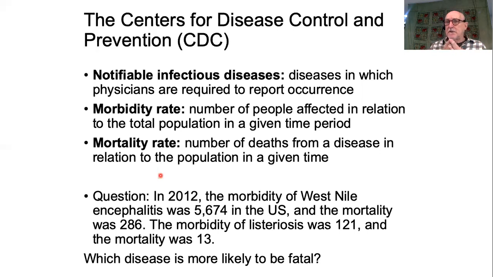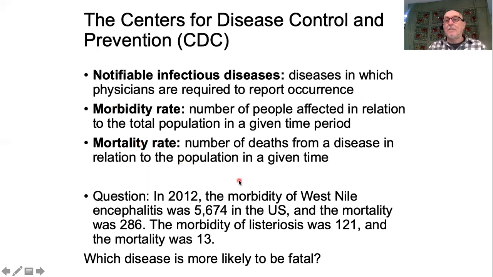They determine a morbidity rate, the number of people affected in relation to population for a particular time period, and they will compile the mortality rate as well. You need to pay close attention to the fact that these two need to be considered together.